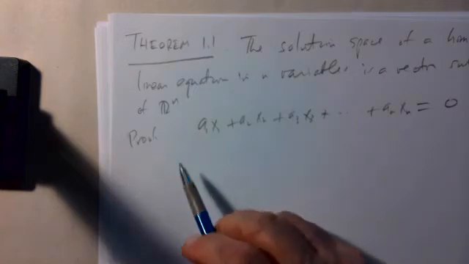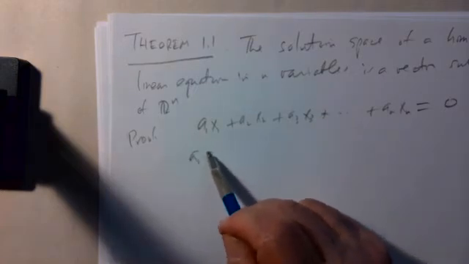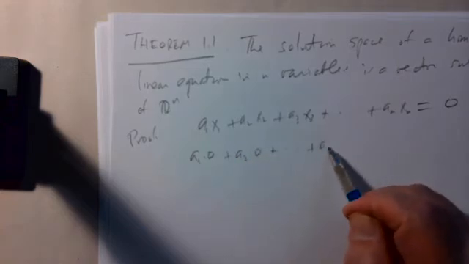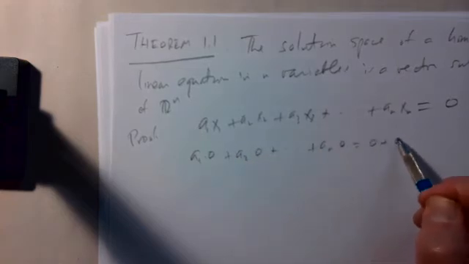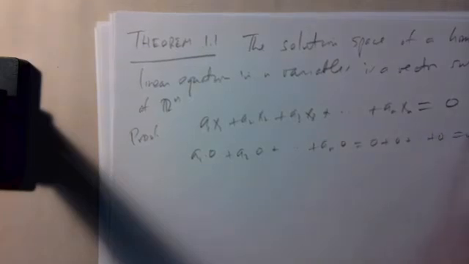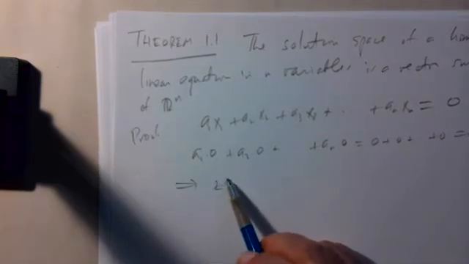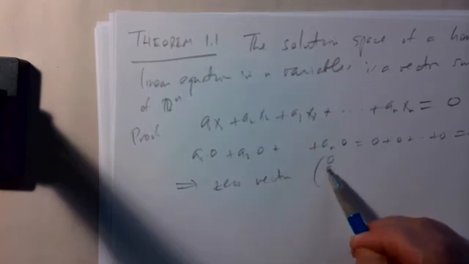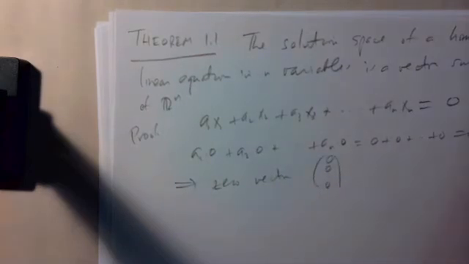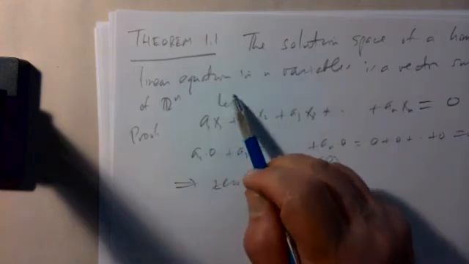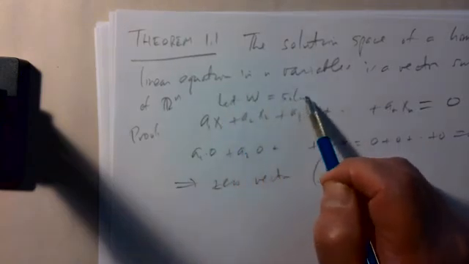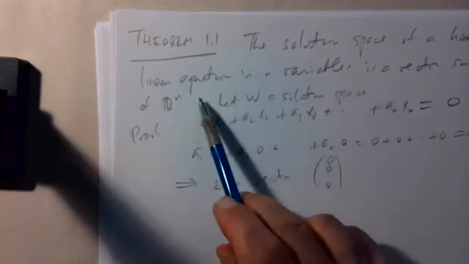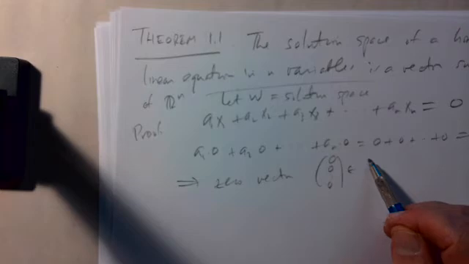So observe, a1 times 0, if I let all the x's equal 0, a2 times 0, and so on, that's just adding up a bunch of zeros, and that's 0. So the 0 vector, let's say, let W be the solution space, all vectors in Rn that solve the equation. The 0 vector is in W.